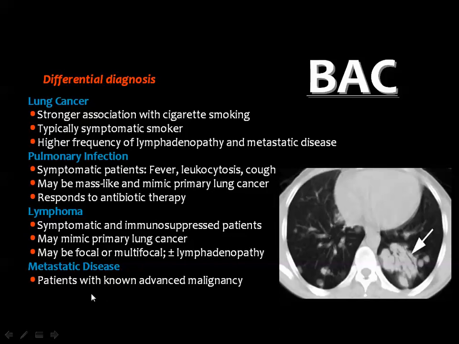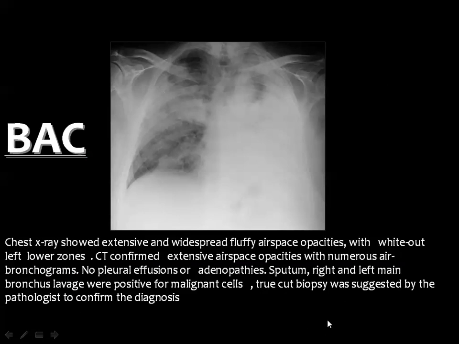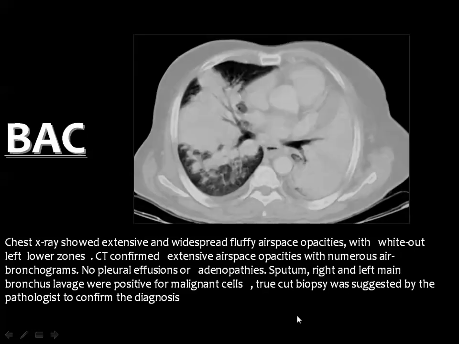In pulmonary deposits, of course, you know that deposits do not contain air bronchogram, and the patient should have a non-primary malignancy. If you look here, you see an opaque left hemithorax and patchy areas in the right hemithorax. The CT scan showed patchy areas with air bronchogram, some ill-defined pulmonary nodules, and areas of consolidation.